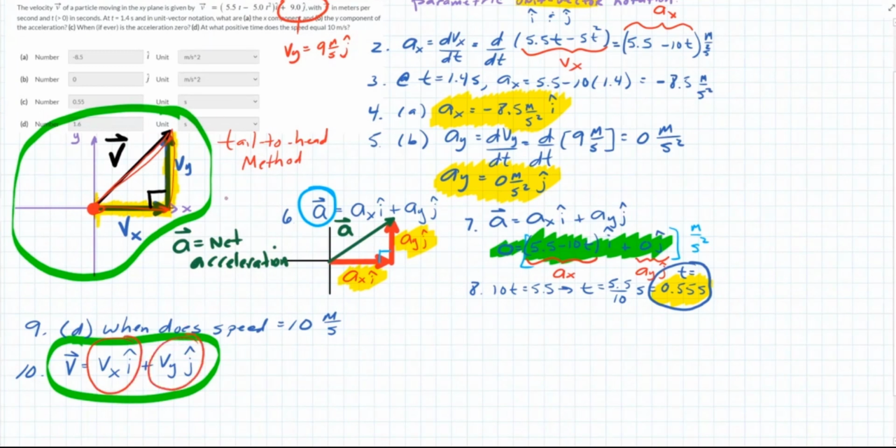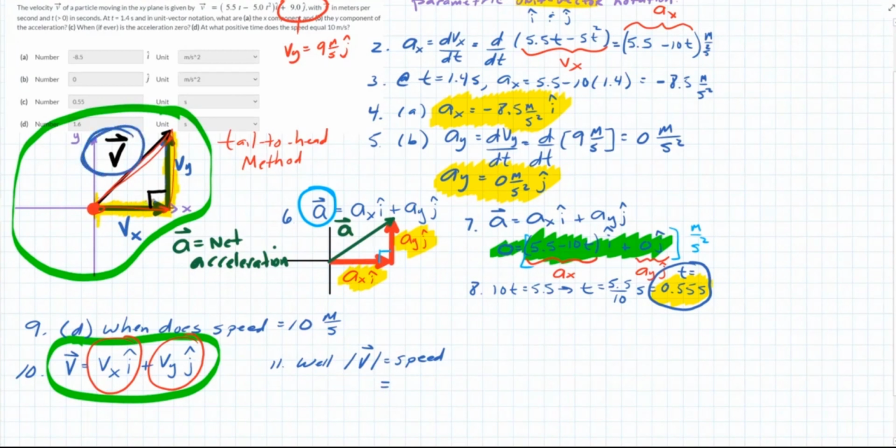All right, so now we have to talk about when that speed equals 10. So let's go with this. I'm going to remember the Pythagorean theorem. So step 11. The magnitude of that velocity equals speed. Magnitude of velocity equals speed. And then I'm also going to remember what the Pythagorean theorem says. What is the magnitude of this vector?